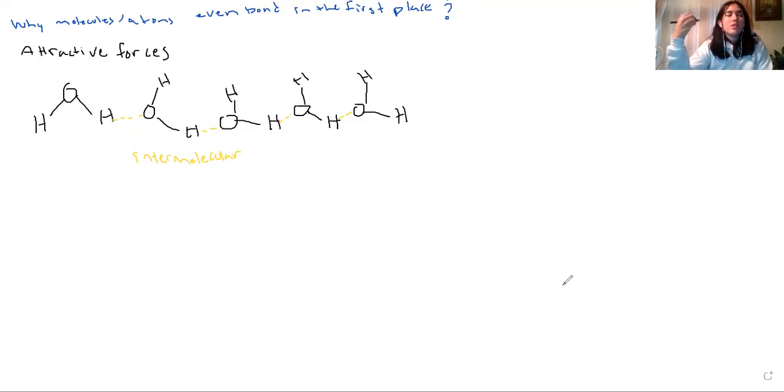Yeah, that's the fluid outside of a cell, between the cells, actually. So intermolecular bonds happen between molecules, and these bonds keep the water molecules together.